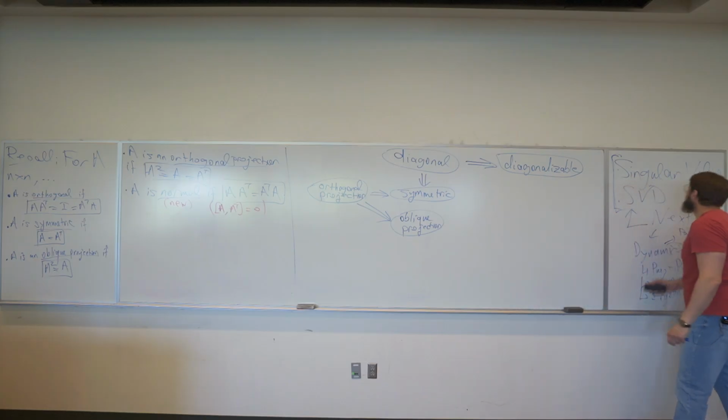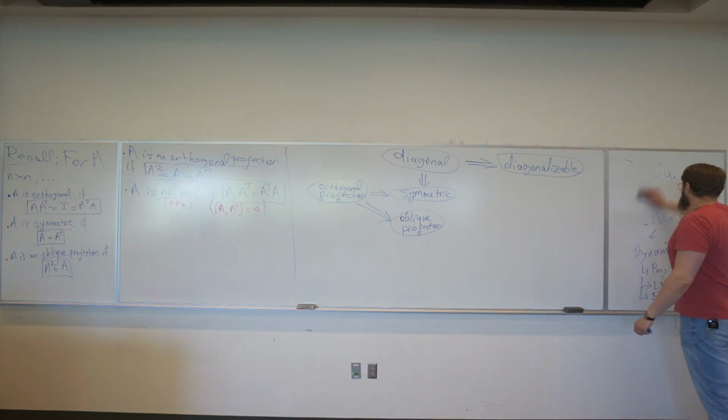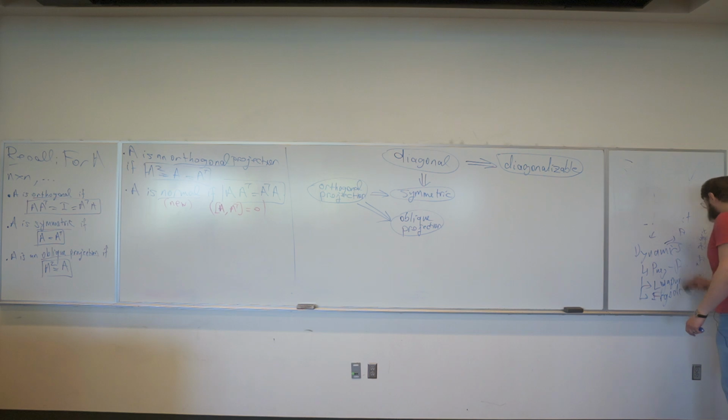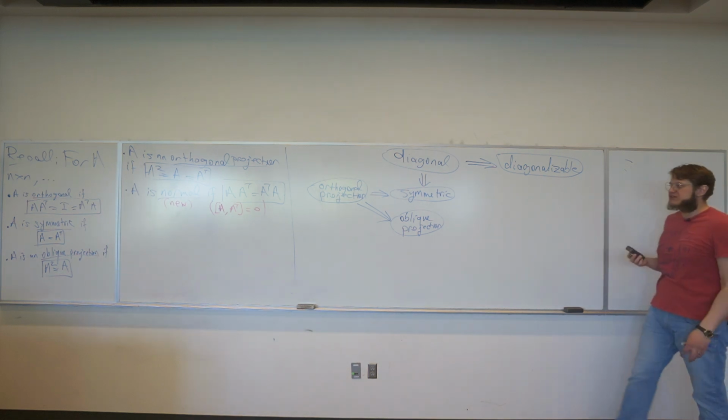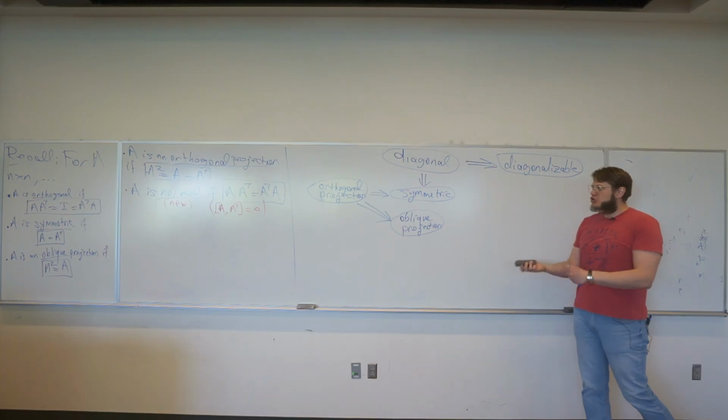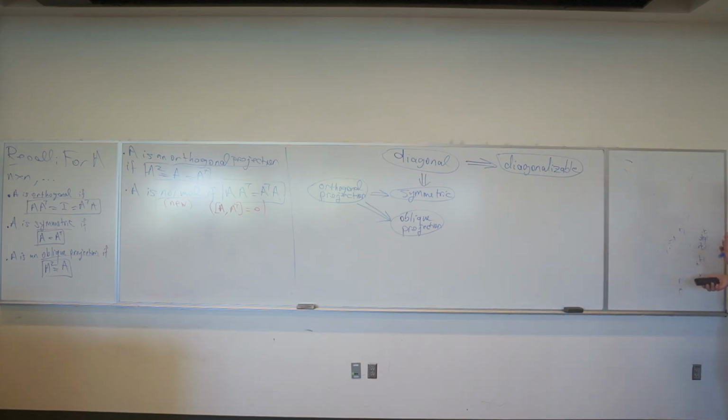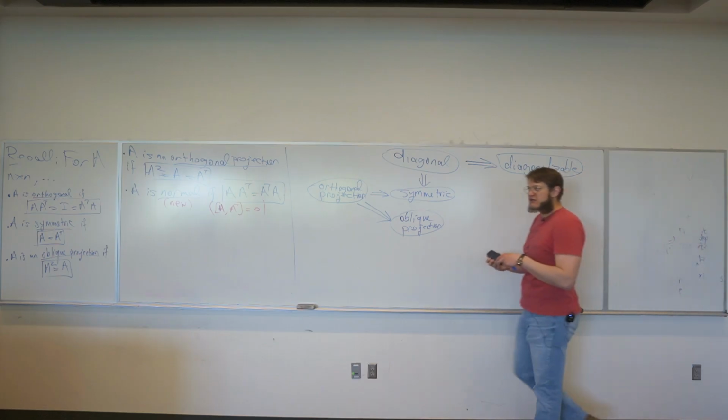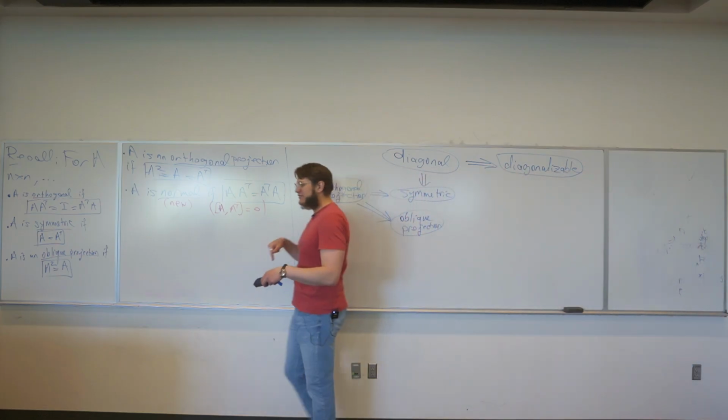Let's try to write the definition. Up to some passive transformation, up to a change of coordinates, your transformation is diagonal, right? So maybe your transformation is not diagonal with respect to the standard basis vectors.